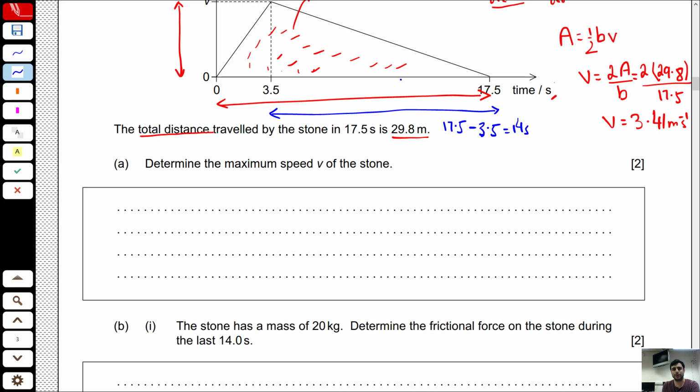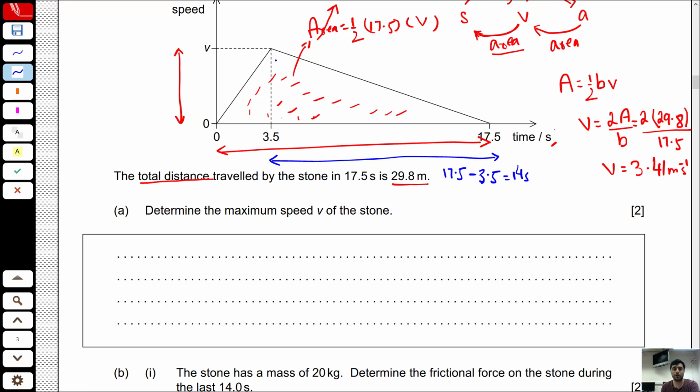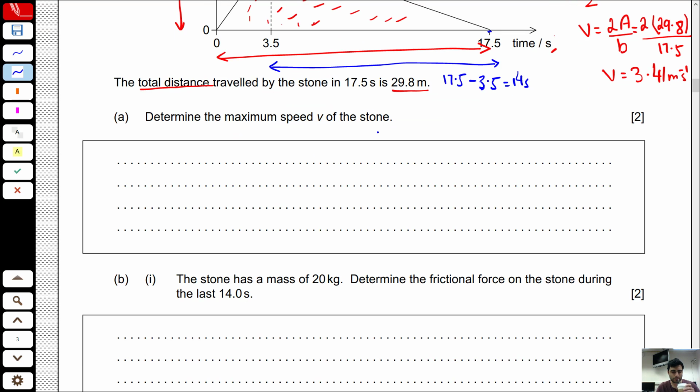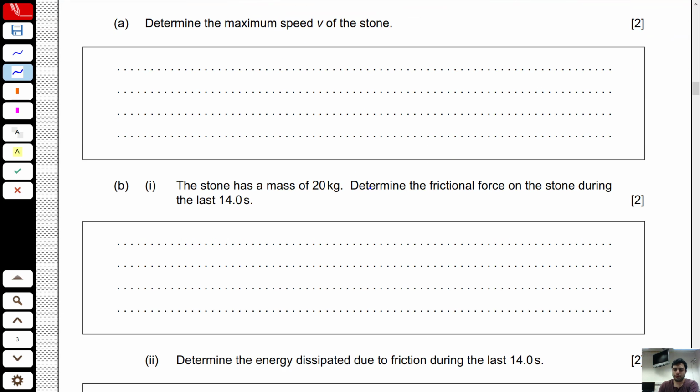So during the last 14 seconds, there's a frictional force acting on the body, because of which the velocity is decreasing. So the body is decelerating until the velocity decreases to 0. And we need to find the friction force that causes this deceleration.